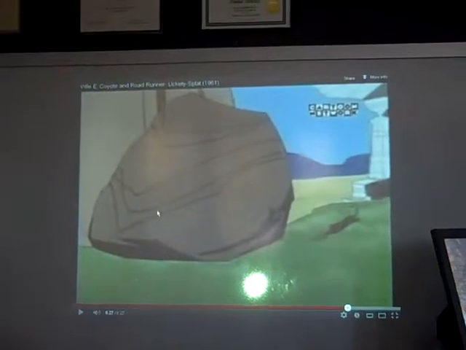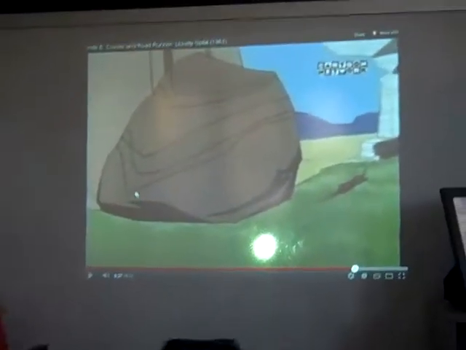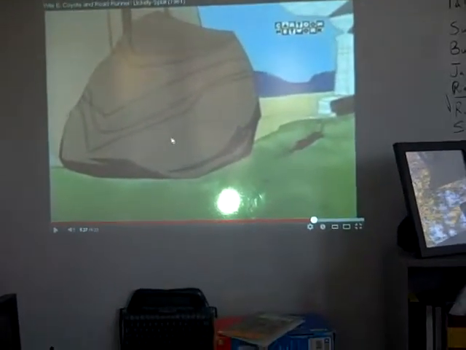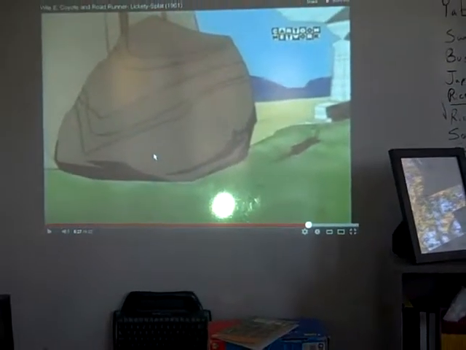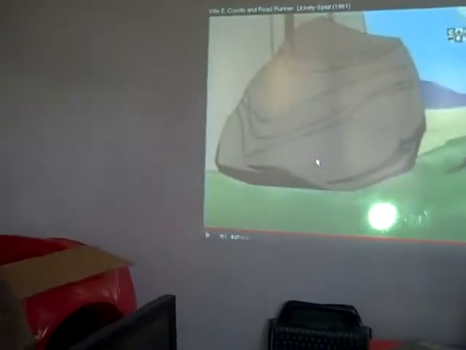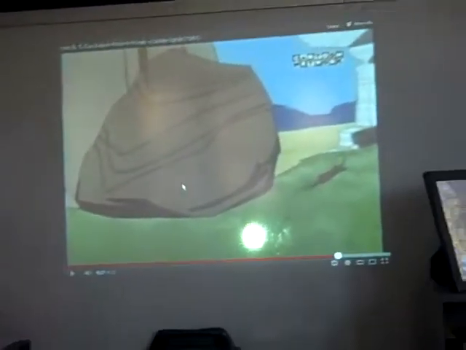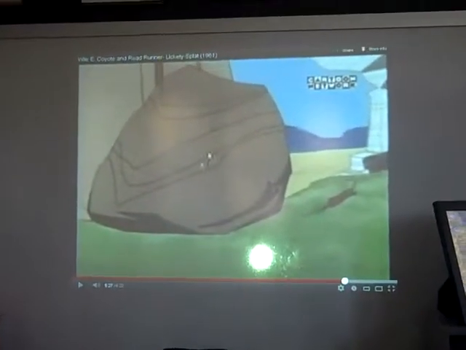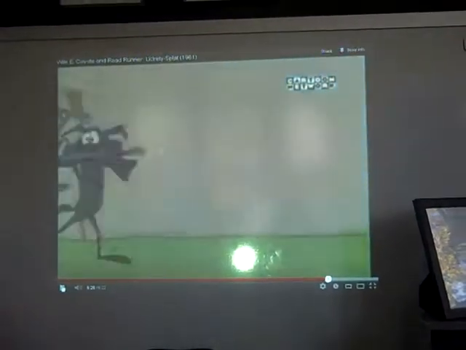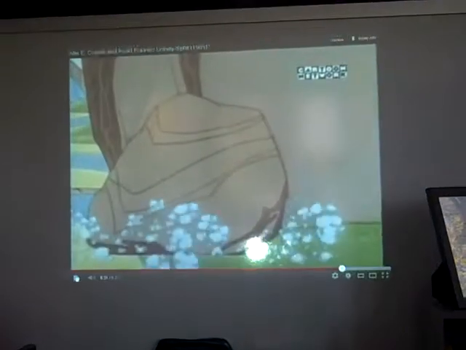Okay, this is what we did. We established that maybe this was 10 tons, so maybe 20,000 pounds. We changed that to kilograms. How many kilograms did we get, Will, for the boulder? I think it's 6,000 kilograms. Okay, so we take 6,000 kilograms. How many meters did we say it probably went? 5 meters.